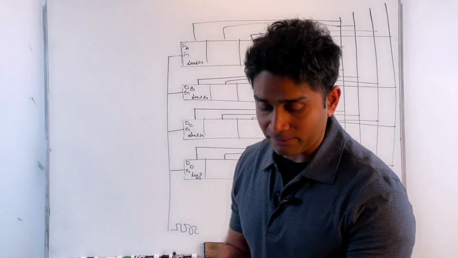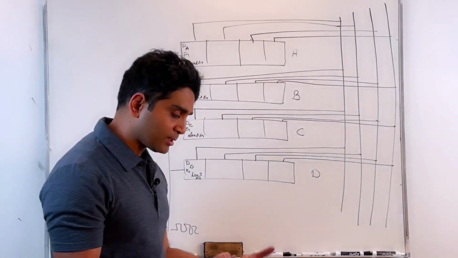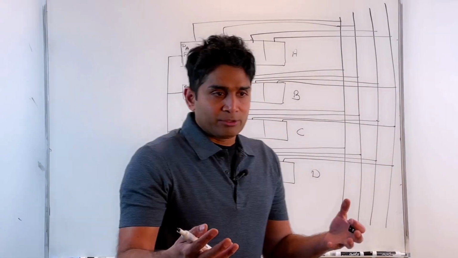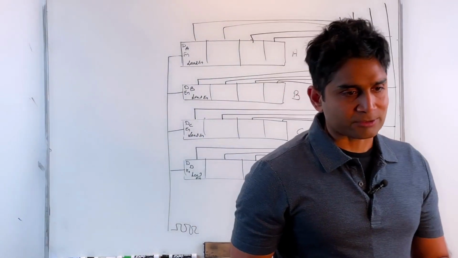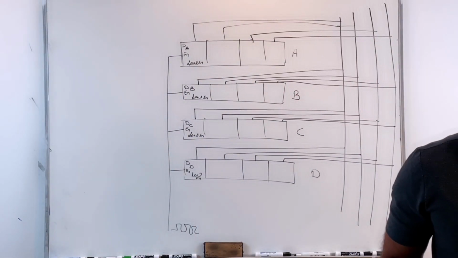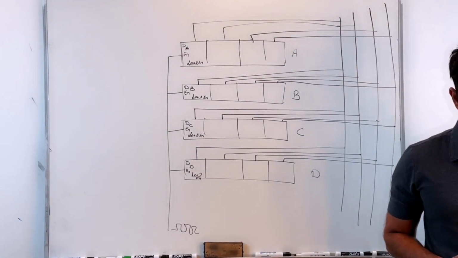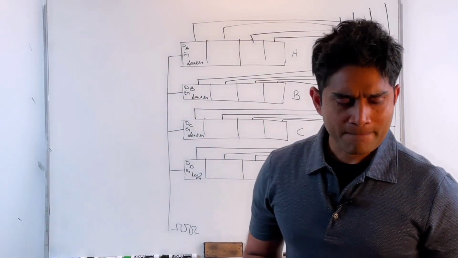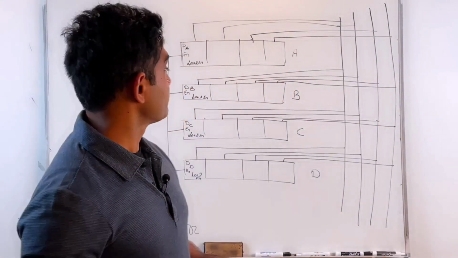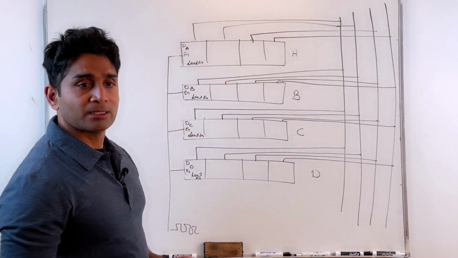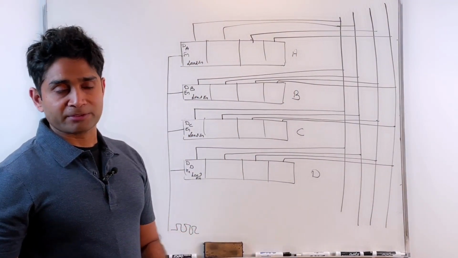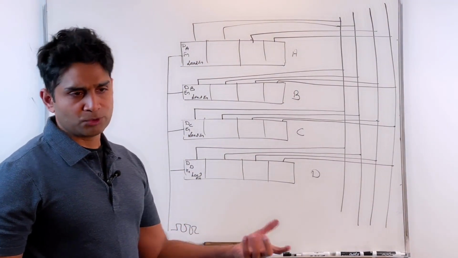If I want to come up with a unique addressing mode, I need to use binary bits to form the address, right? So how many binary bits should I use to form a unique address for each of my registers? It's a simple question, right? I have 4 registers. How many binary bits do I need to come up with a unique code? 2 binary bits, right?